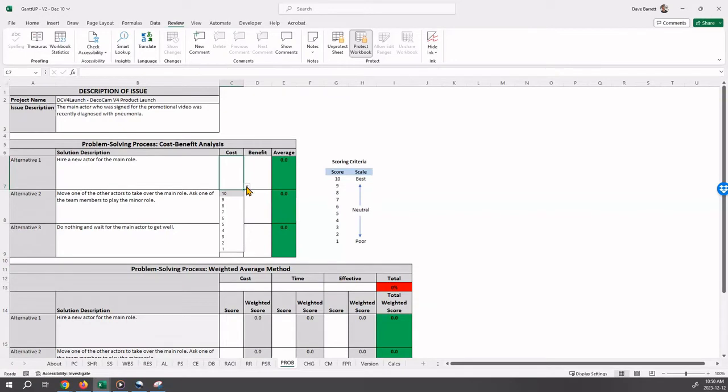Let's enter for this one, it has a cost of 5, right? So it's not the lowest, it's not 0. So 0 additional cost would be 10. A huge cost would be 1, but we're saying it's somewhere in the middle.